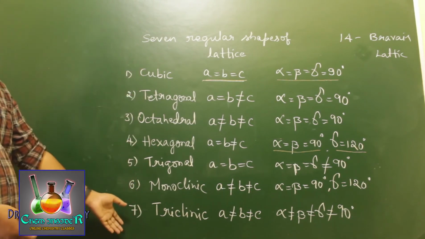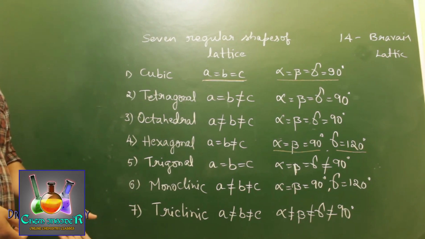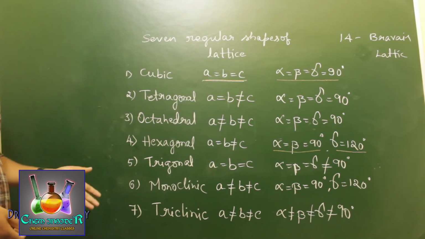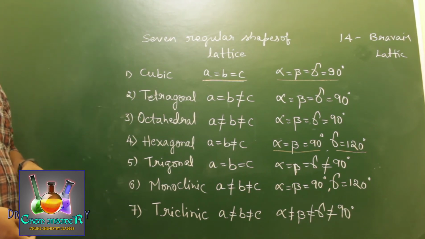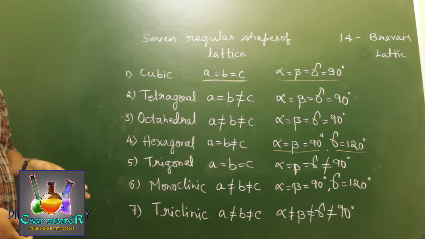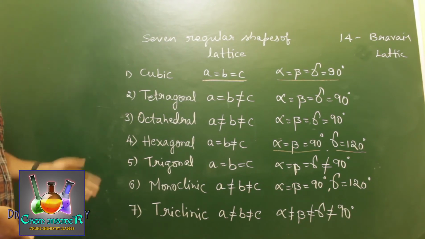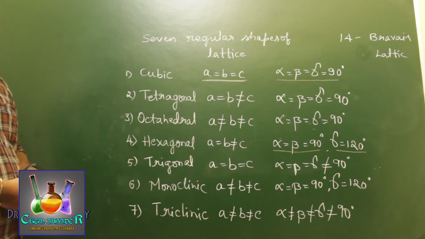These 7 regular shapes can carry either a primitive cell, a body-centered cell, or a face-centered cell, and each of them does not have all 4 types; some have 3, some have just 2, and some have just 1. So under this classification we have considered 14 types of Bravais lattices.